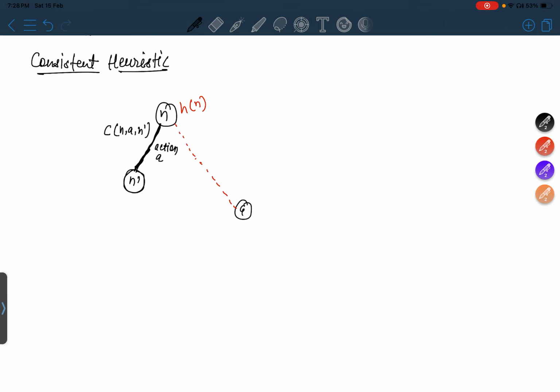Or you can, in short, simply say c, but just to be consistent with the notation given in the book, I'm thinking this c is the cost from n to n prime through action a. Now what? So h of n prime क्या होगा? H of n prime will be this straight line distance.